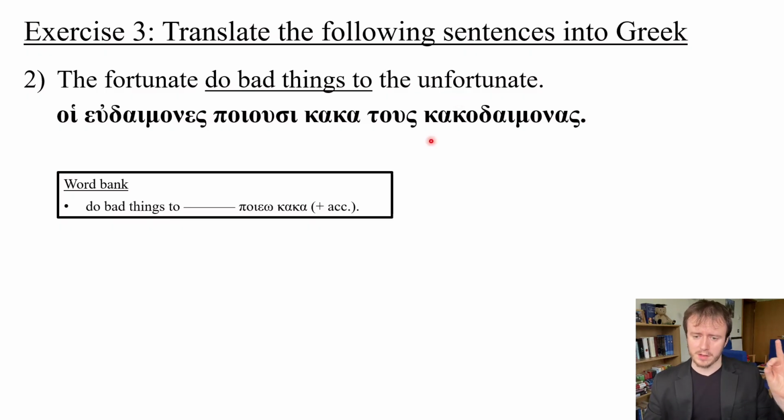And so we want a masculine plural form of the adjective, and in particular we want the masculine accusative plural form of the adjective and definite article because the unfortunate are the direct object of the verb. As I said, poiein kaka is followed by an accusative. The person somebody does bad things to goes in the accusative case.